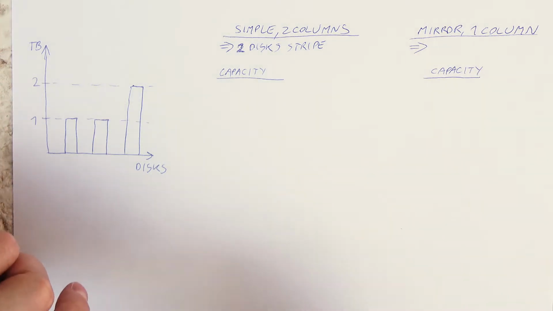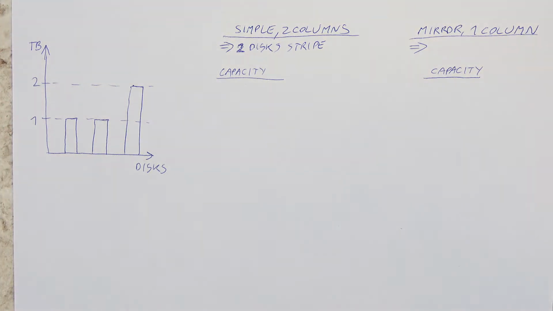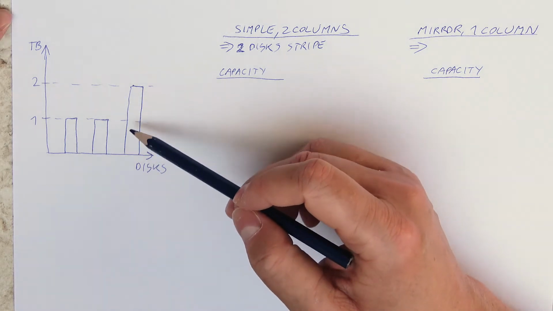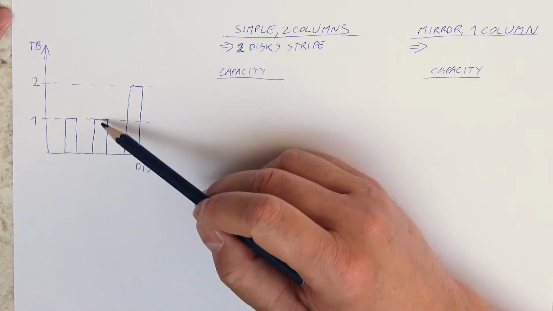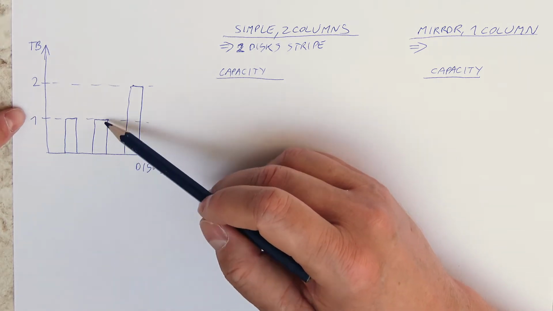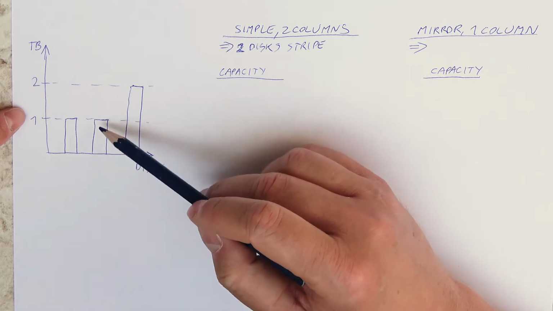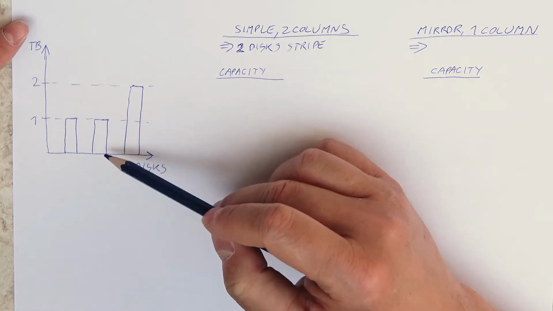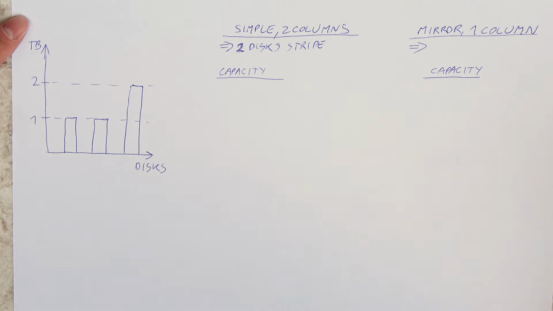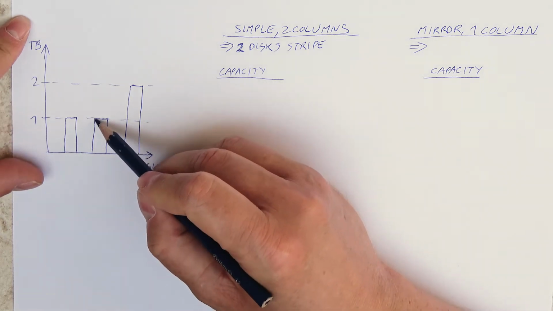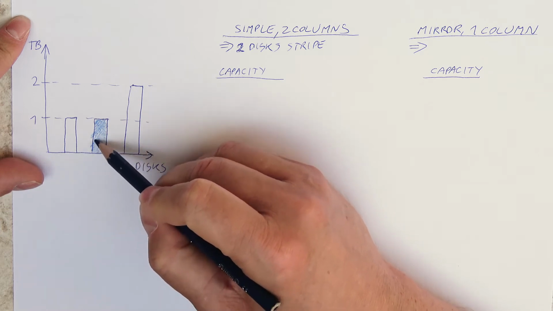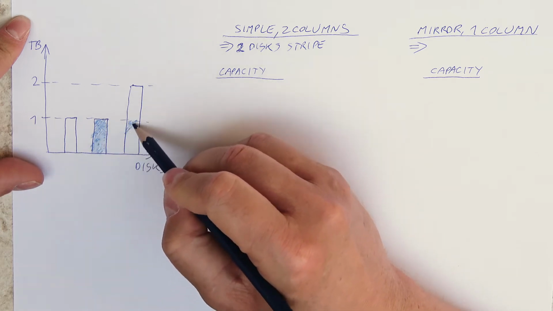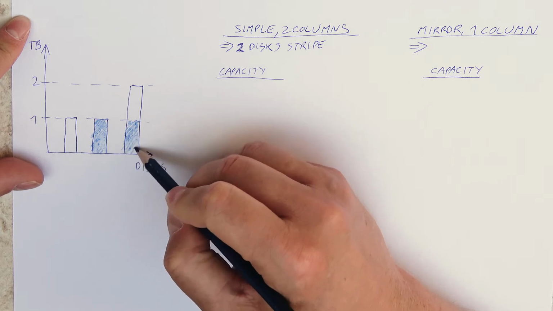That means when we allocate, we must allocate 2 disks at once. If we go from the biggest and count 2 disks, the second one is 1 terabyte and has 1 terabyte of free space. So let's allocate 1 terabyte of free space on 2 disks, because the stripe is 2 disks, from the biggest one.